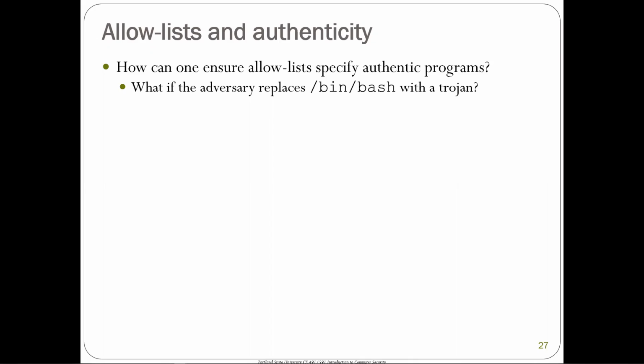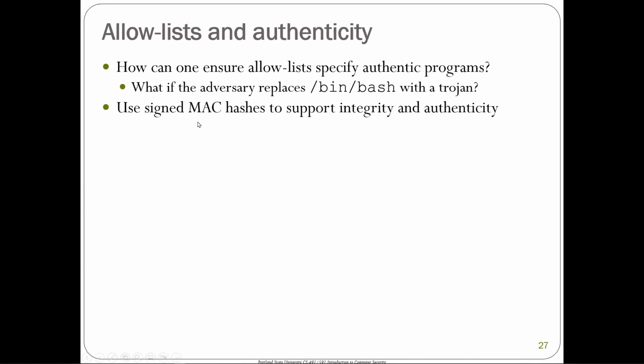You have to also ensure the integrity of the program that's on that allow list. And so usually with the name of the program, you are attaching some kind of integrity code, a MAC, that says, this is the name of the program that's allowed to run, as long as it has this integrity hash, and then you would allow those things.